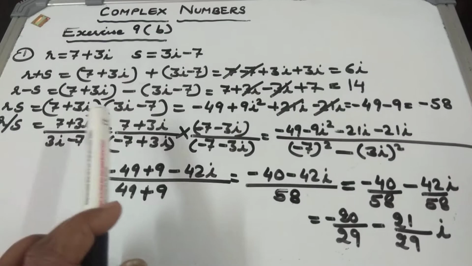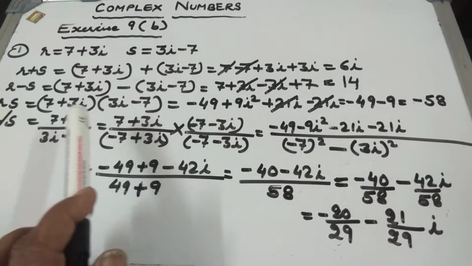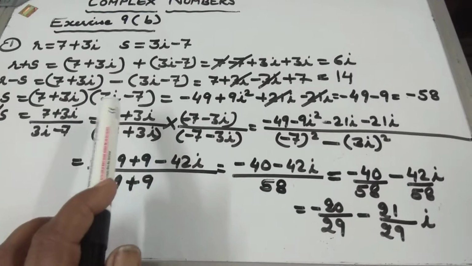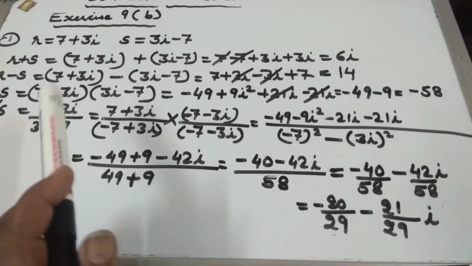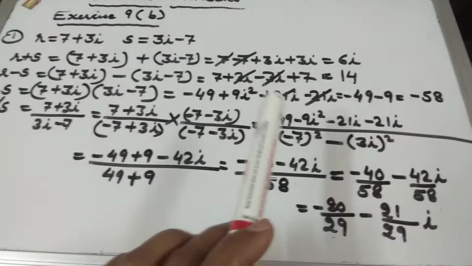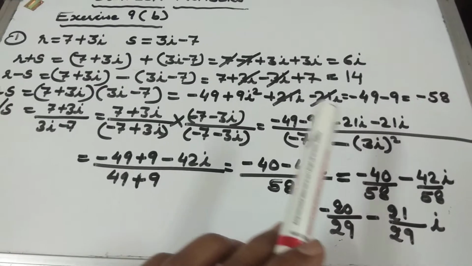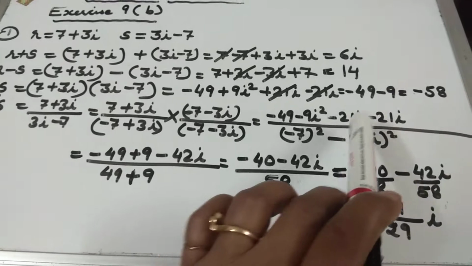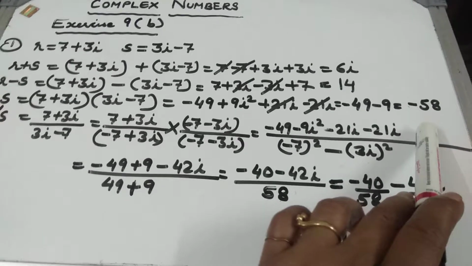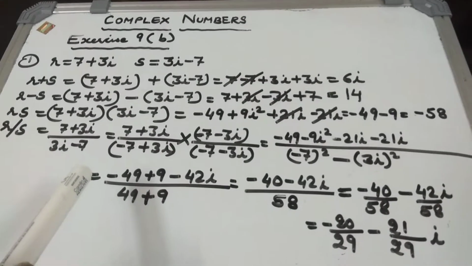So 7 into minus 7 is minus 49. 3i into 3i is 9i square, and 7 into 3i is plus 21i, and 3i into minus 7 is minus 21i. So plus 21i and minus 21i will cancel. You are left with minus 49 minus 9, that is equal to minus 58.